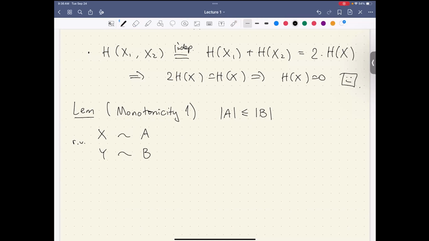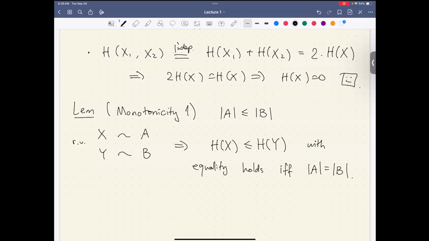We have X uniformly distributed over set A and Y uniformly distributed over set B. Then the one uniformly distributed over the larger set has larger entropy, with equality holding if and only if A equals B. Okay.